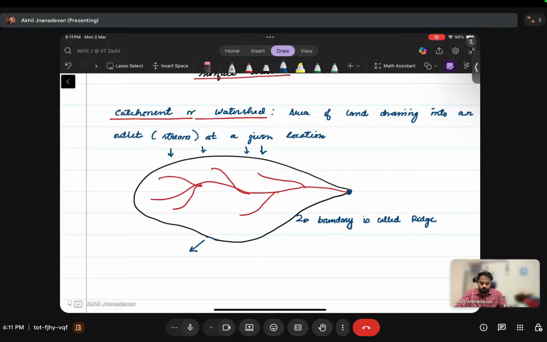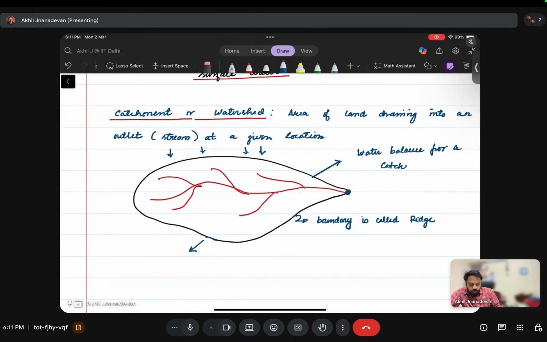In the very first module, we also saw how to write a water balance for a catchment. Precipitation is the main input.